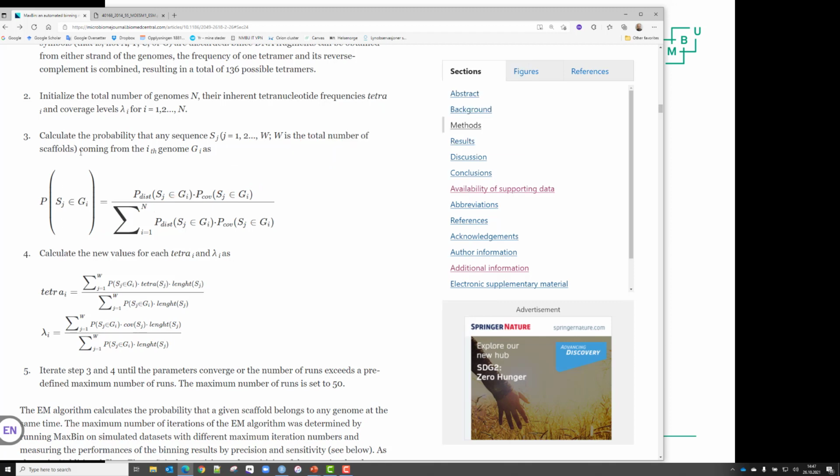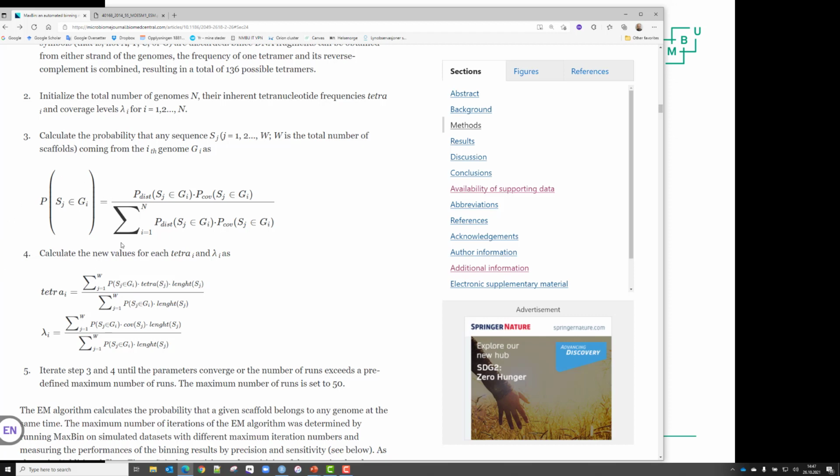And based on this, we assign each contig to the genome that it has the highest probability of. And once you've done that, you can compute new representative frequencies and new representative coverages based on those contigs who were assigned to these different genomes, different bins.